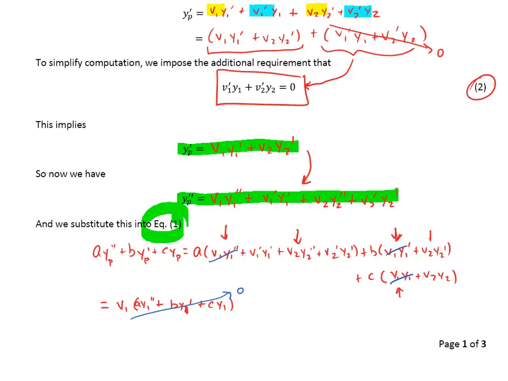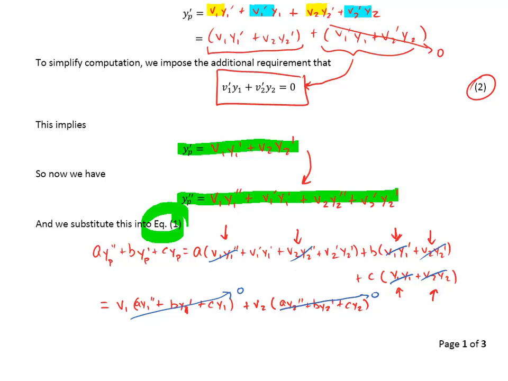Boom, boom, and boom. Pull out a v2 out of each one of those, and I've got a y2 double prime plus b y2 prime plus c y2. And again, because y2 is a solution to the homogeneous equation, that's all going to be 0, which takes out these terms here.